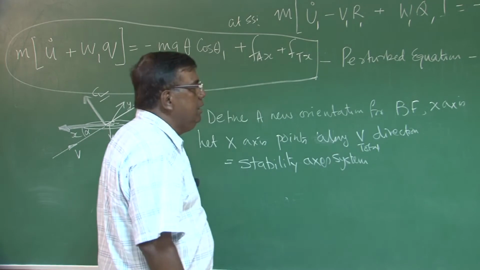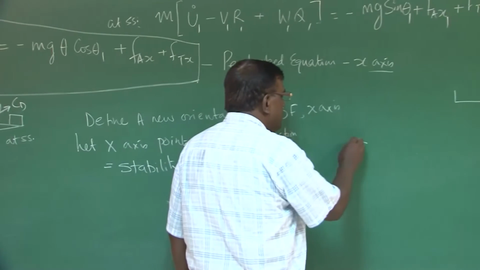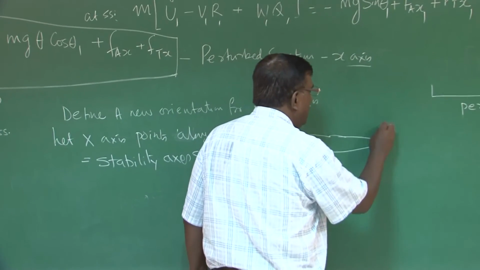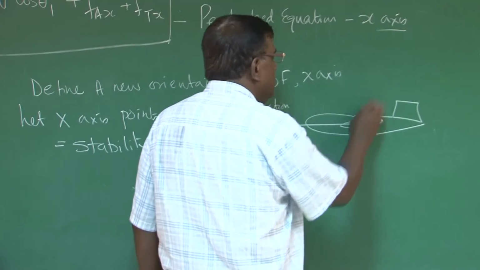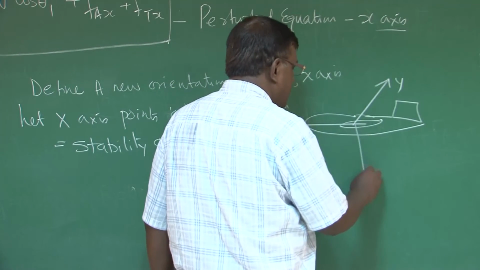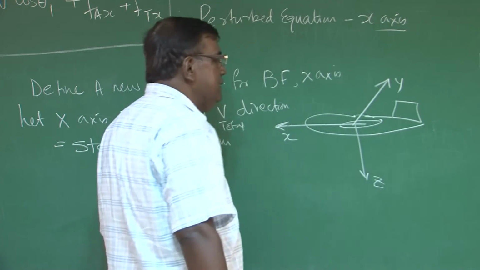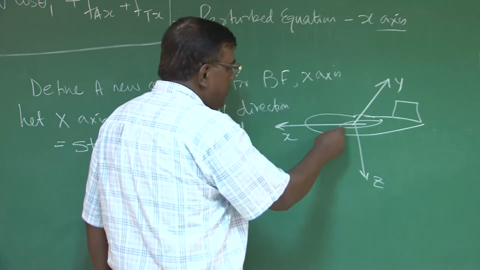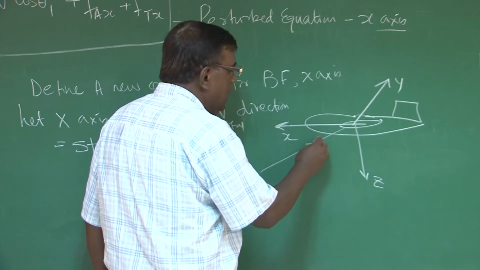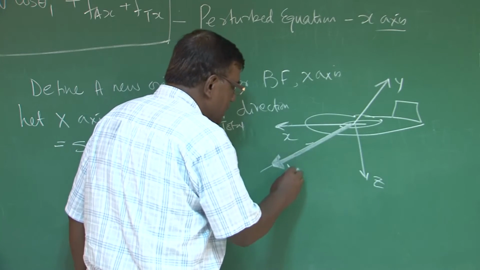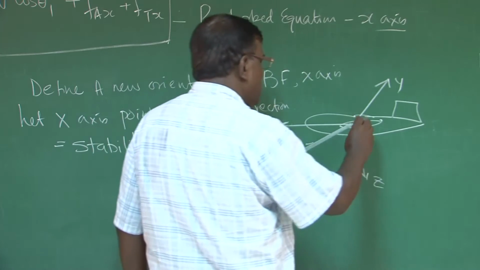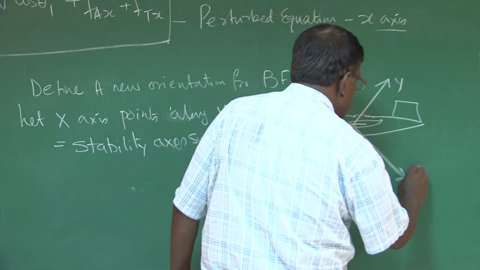So really what does it mean? This is the airplane, this is your x, this is the y, body fixed, this is the z. So at steady state, if the velocity vector is coming like this, I am pointing my x at steady state like xs, and this becomes my zs.